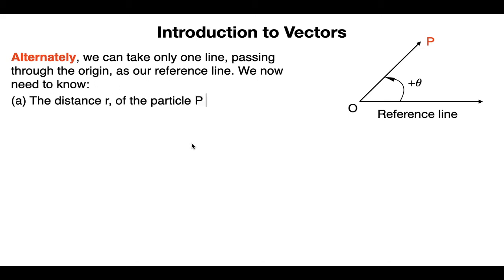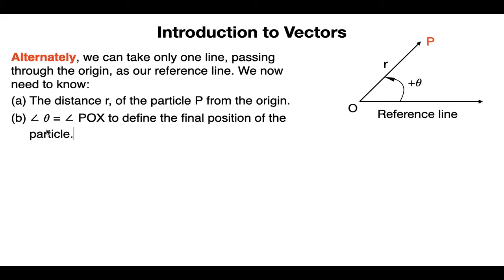In order to locate P, we need two things again. The distance r of particle P from the origin. We need this distance r. This distance r should be known. Plus, we should also know the angle theta, that is angle POX. Let's take this as x direction, POX.